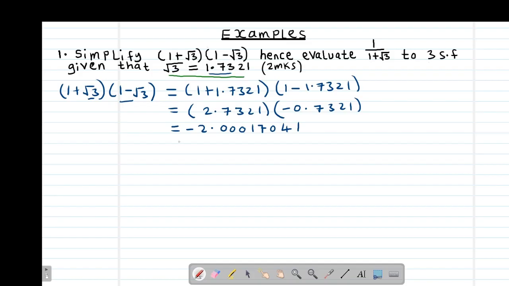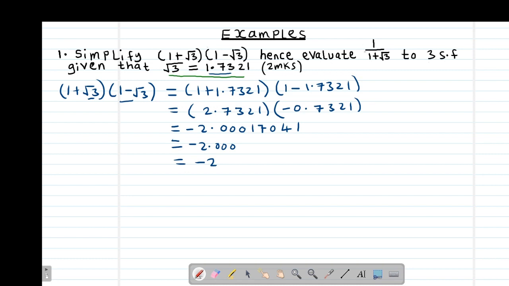So if I take this correct to 4 significant figures, it will be negative 2.000, which can as well be written as simply negative 2. So that is the simplified part of (1 plus root 3) into (1 minus root 3).